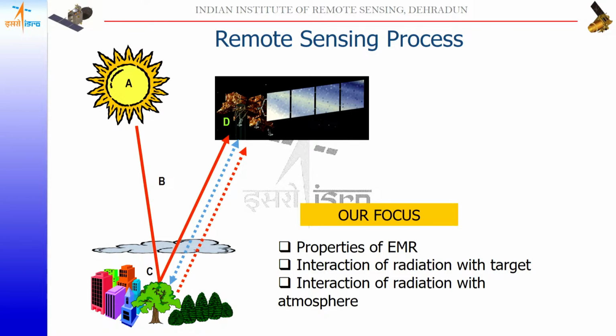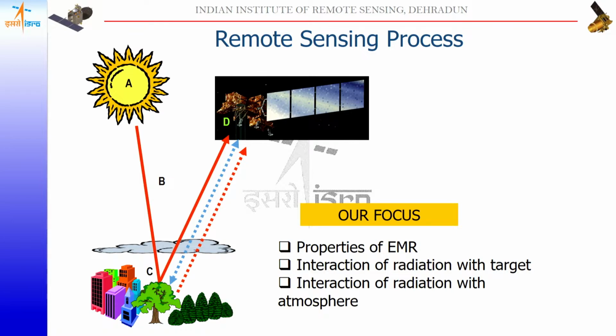We also need to understand how it interacts with the target as well as the atmosphere. The rest, like platforms, sensors, data reception on the ground and data pre-processing, will be covered in subsequent classes. For today, let's understand how electromagnetic radiation interacts with matter.